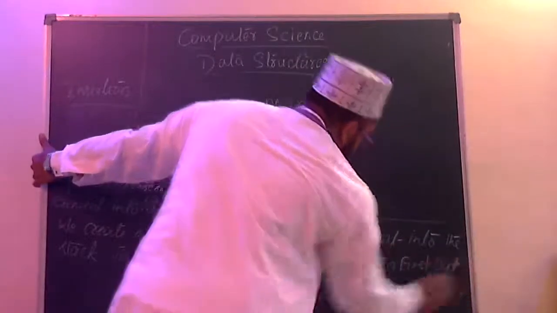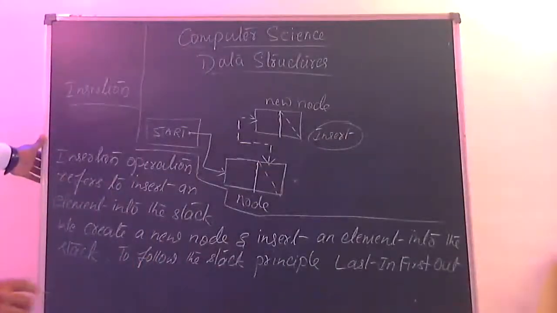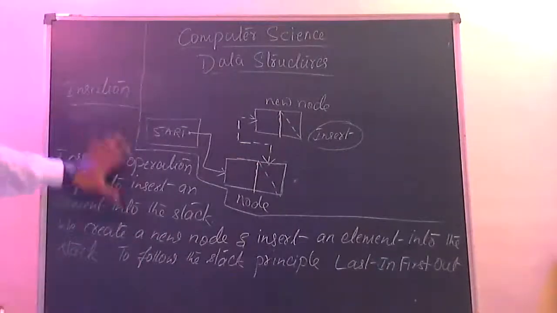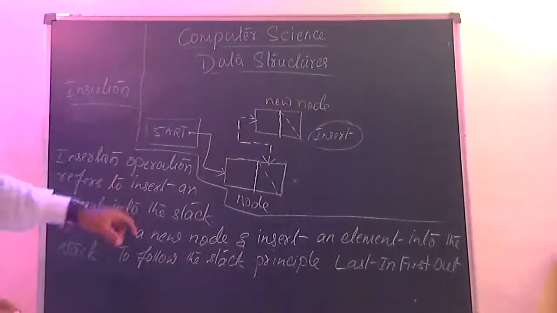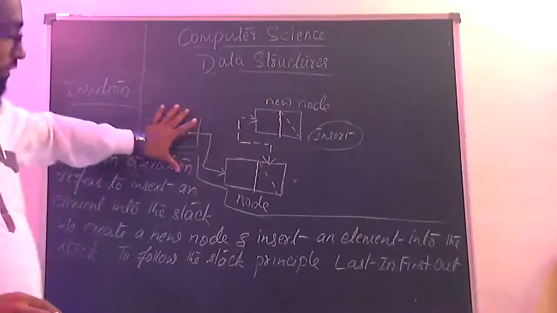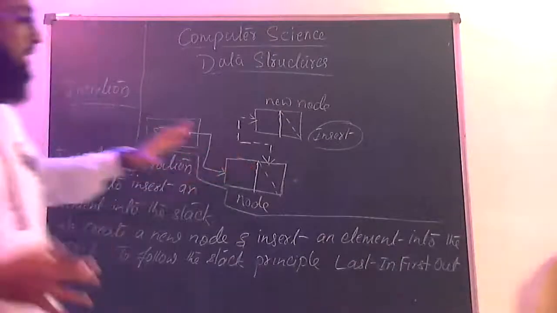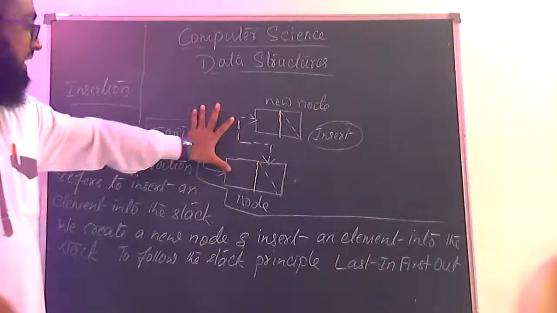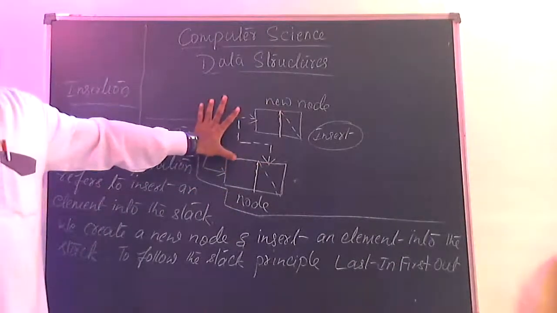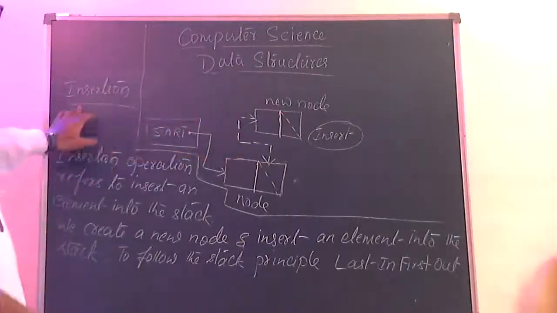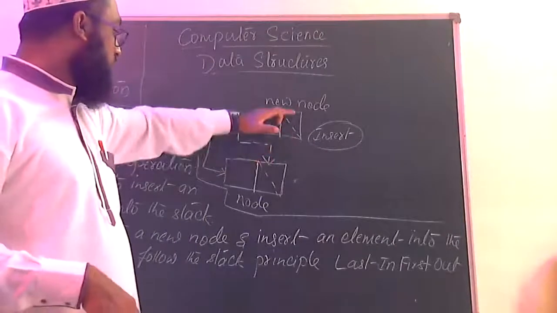This is the stack principle. To follow this principle, what do we have to do? We have to create a stack. Then for that stack, we need to add a new element. This is stack creation. We created a stack using linked list. I am explaining using linked list, not arrays. Then for insertion, we have to create a new node and add it.